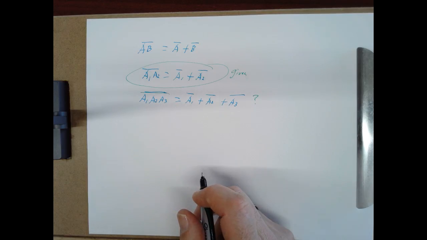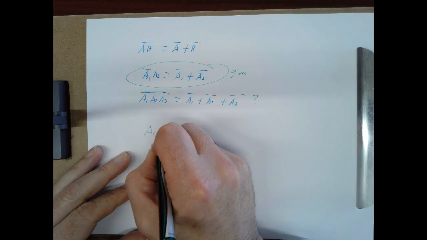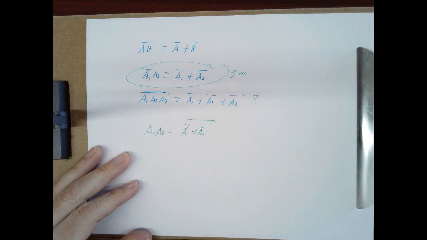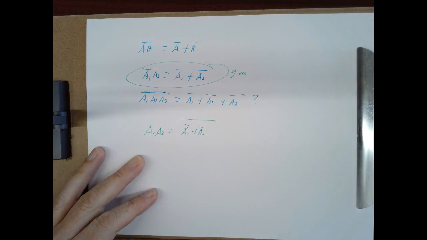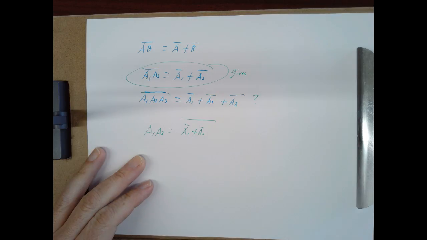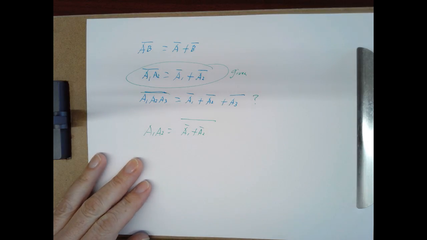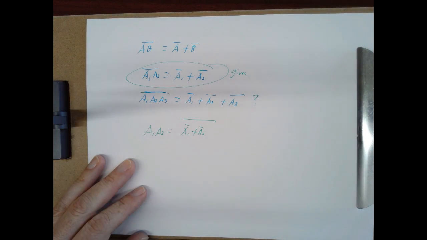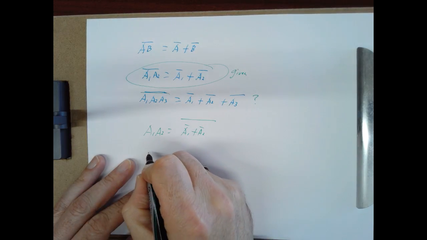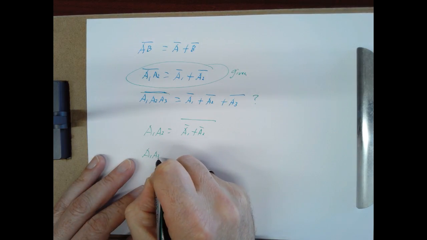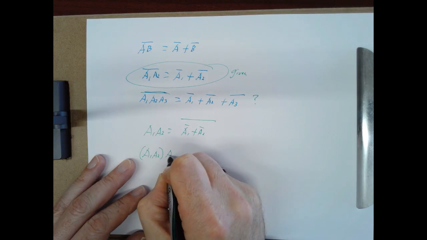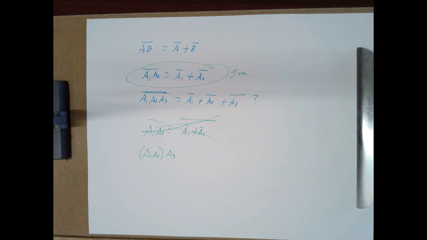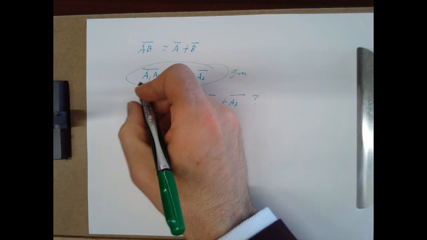Well, so I can throw a bar over both sides and make this left side positive. A1 and A2 is the complement of A1 bar or A2 bar. I don't even need to do that. Let's just use a different form of De Morgan's theorem, right? A1 is anything, right?